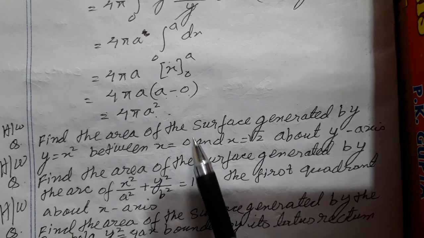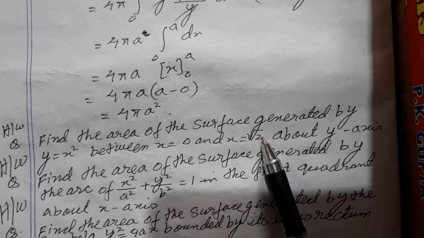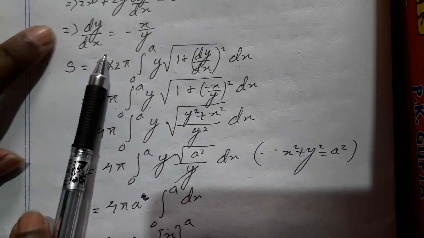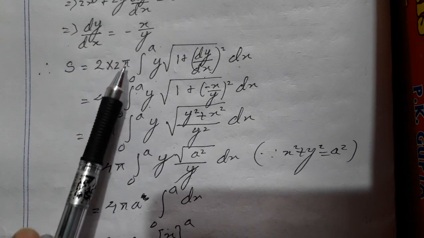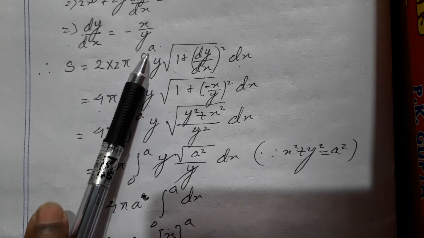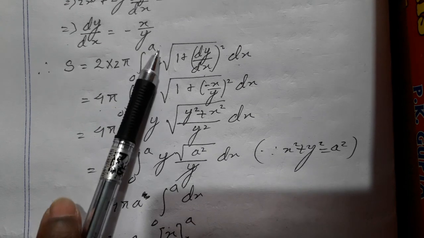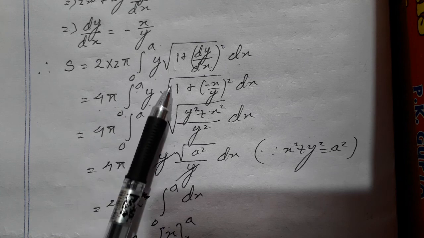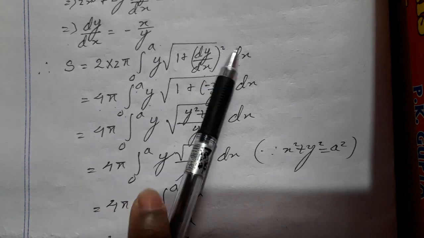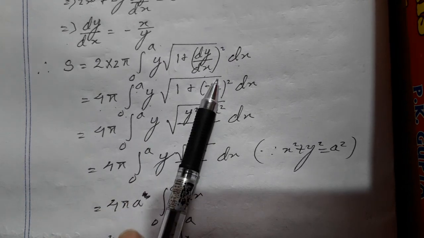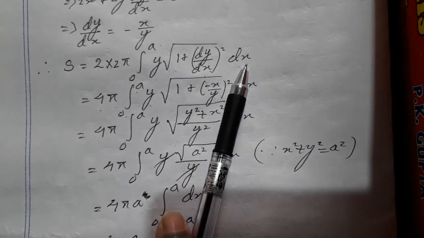So the limit will be from 0 to 2, and we should not write the factor 2 in front. The formula will be 2 pi integral 0 to 2 x square root of 1 plus (dx by dy)^2 dy. So that will be your formula.